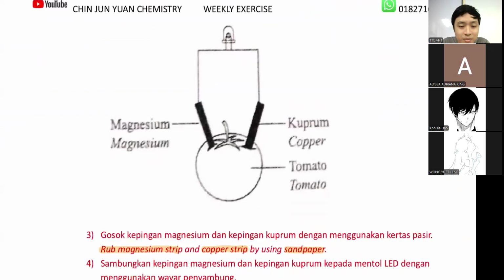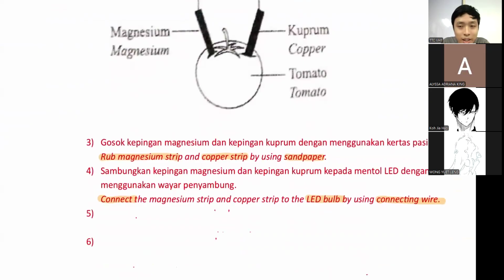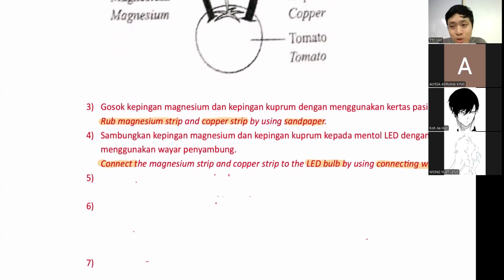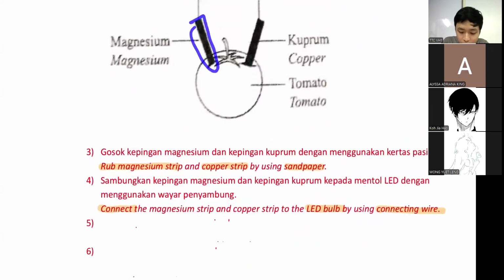It can come up in paper 2 many times. Question 11. I don't know which question, but number 4 and number 5: you insert these two into the tomato.